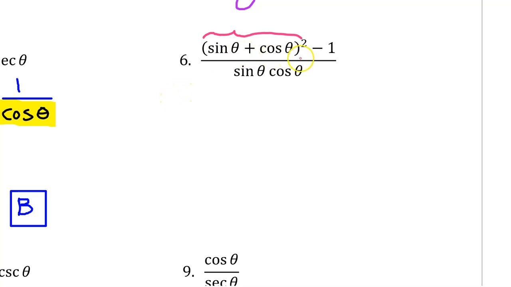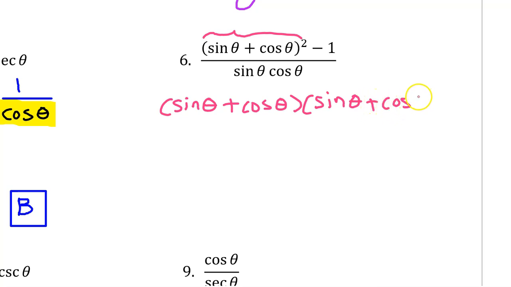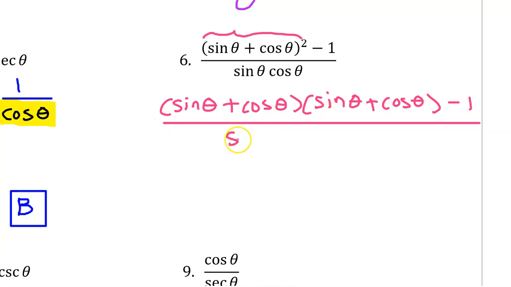Sine theta plus cosine theta is sine theta plus cosine theta times sine theta plus cosine theta. Minus 1. That reminds me of another thing I need to warn you about.